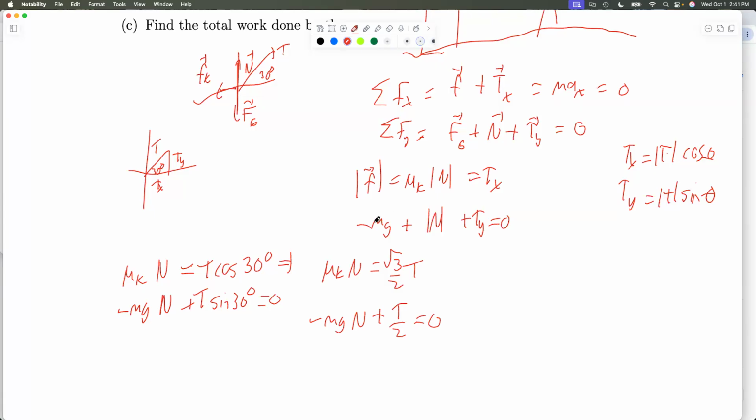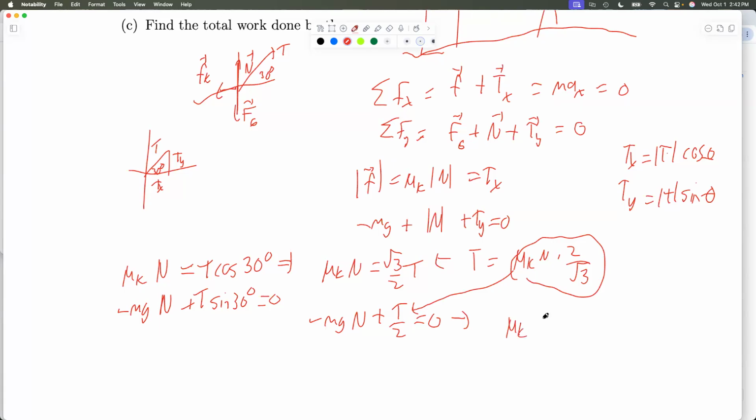Oh, I guess we'll solve this guy for T. So that will be mu k N times 2 over root 3. I think that's going to be the easiest way, because when I plug that in here, we'll cancel out the T's. So this will imply, let's go ahead and move this guy to the other side. I'm doing two steps here. I'm taking this and plugging it right here into T, and I'm moving this to the other side.